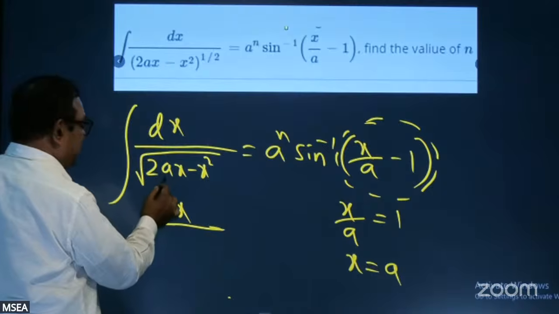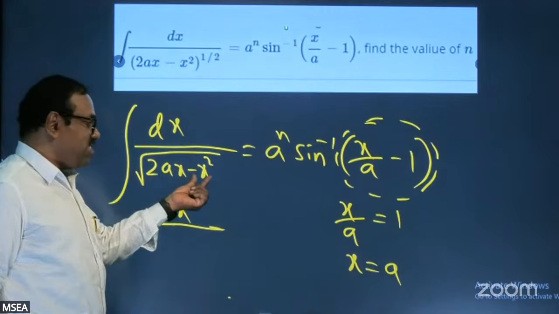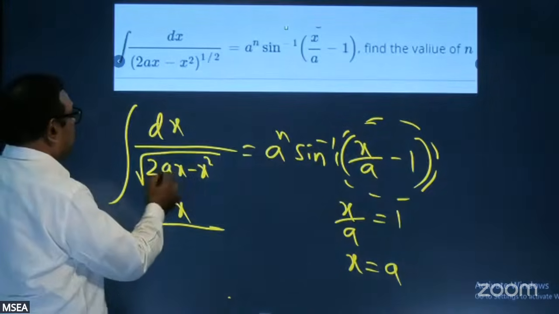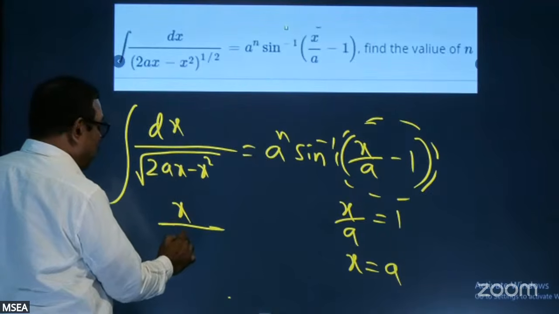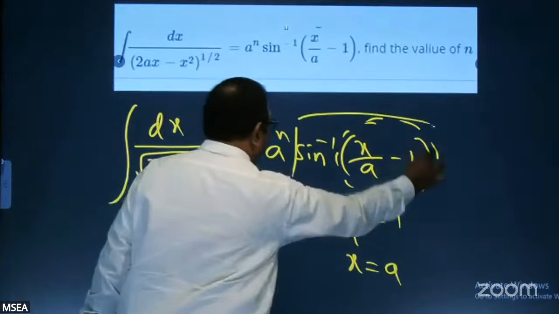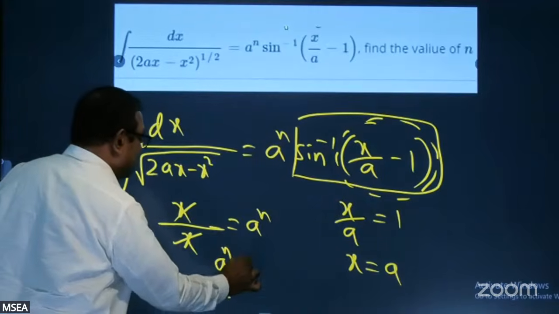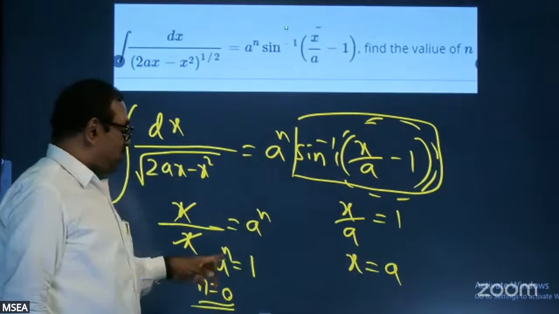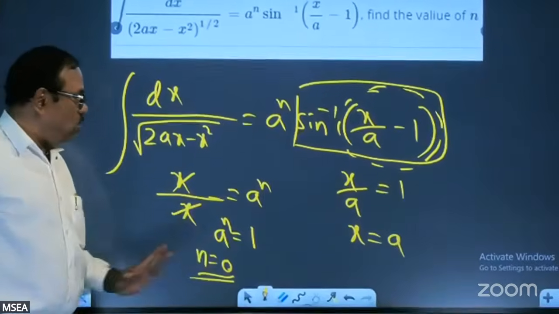So x² is the dimension, and even this is x², so the whole dimension is also x². Therefore this one, x² or L², is nothing but L only, or x also, a^n. The whole thing is a number. Therefore x cancels, and a^n is equal to 1. That means any quantity to the power of 0 is 1. That's why the value of n is 0.